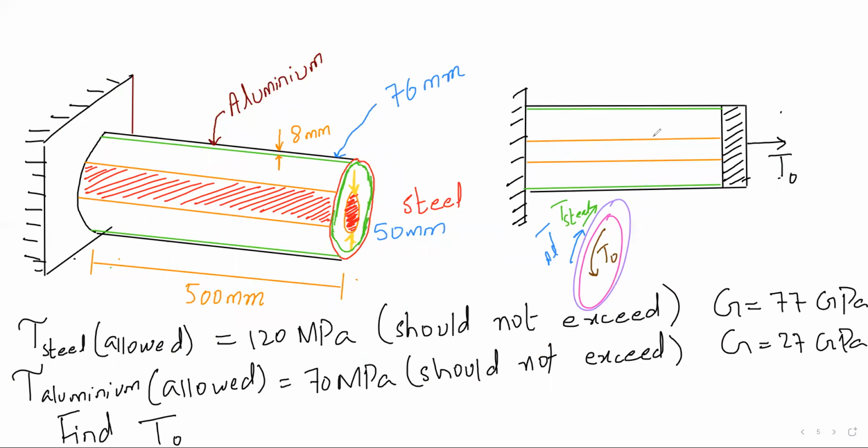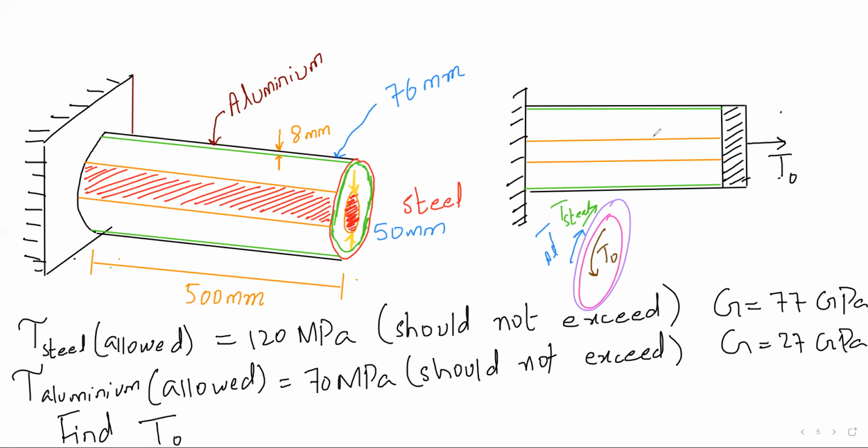Both of them are taking it. So both of them are resisting that applied torque. So it is not T naught equal to T aluminium equal to T steel. No. So we are thinking like the vector thing. The T naught goes like this, the resisting T aluminum and T steel goes toward this. T steel plus T aluminum must equal T naught, right? You can think like this, vector form.